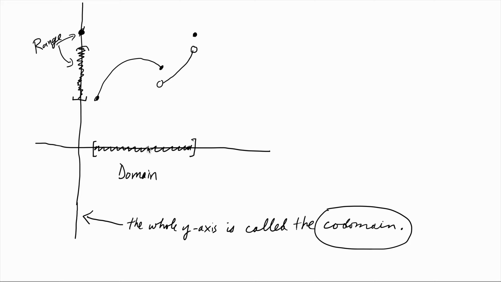But for us, we're just going to use the term to refer to the y-axis. Not all the y values are hit, but we're not trying to hit anything but y values with our functions. So the things that we're at least in the market for hitting on the y-axis, we're going to call the codomain.